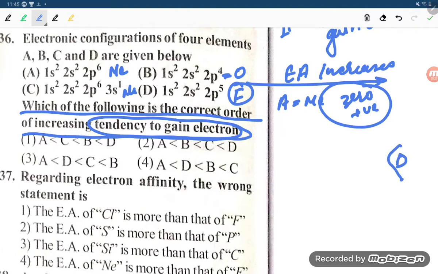Second will come oxygen, which is B. After that, sodium and neon. Sodium is option C, and neon is A, which comes least.